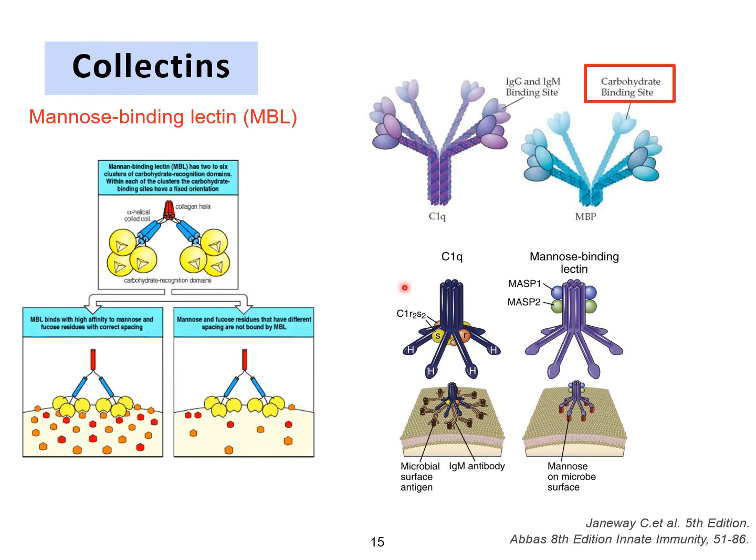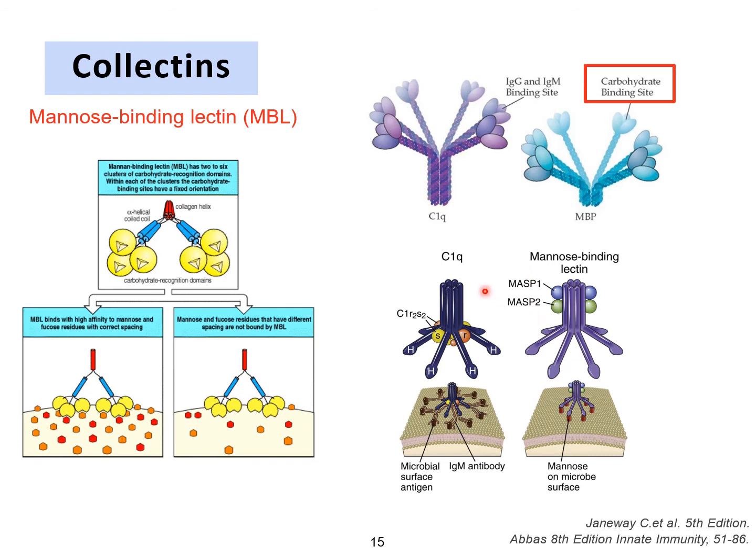And the mannose binding lectin comes under the collectin group. Here is the picture of the mannose binding lectin. You can see here MBP. It has a carbohydrate binding site, and here one more, C1q, is a complement protein. It has the IgG and IgM binding sites.